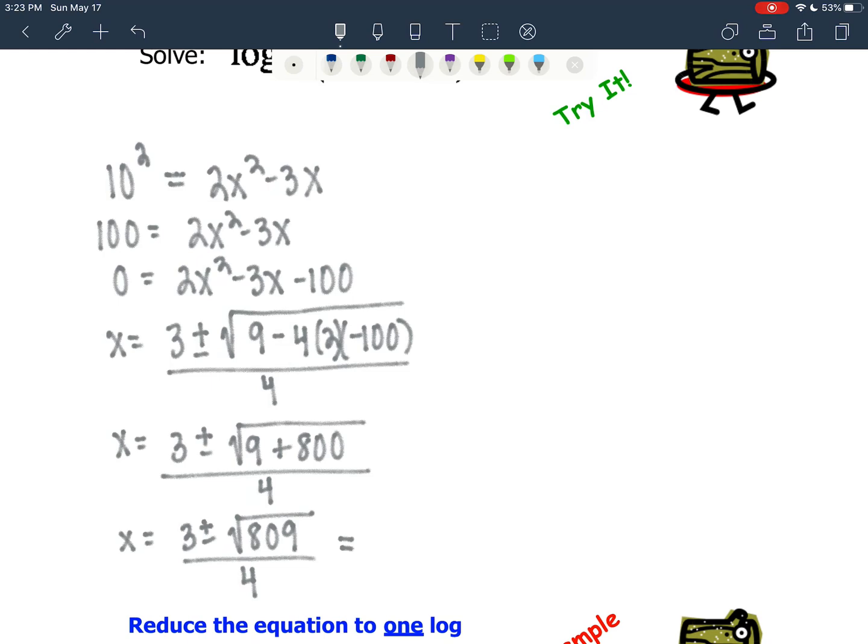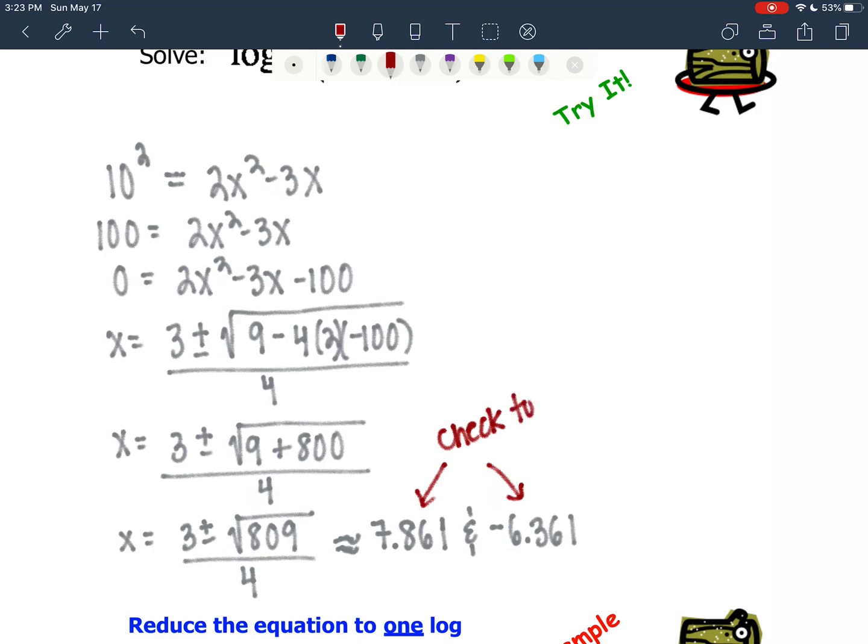One answer is going to be 7.861. That answer comes when I add 3 plus the square root of 809, and then I take that result and divide by 4. And this is approximate because I'm rounding. When I subtract 3 minus the square root of 809, I get negative 6.361.